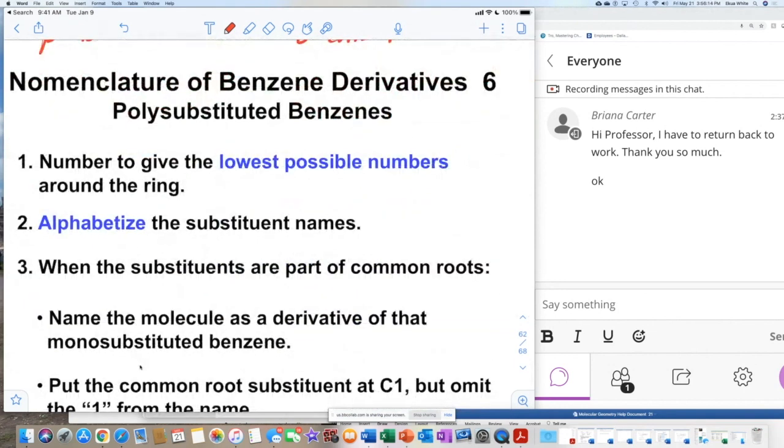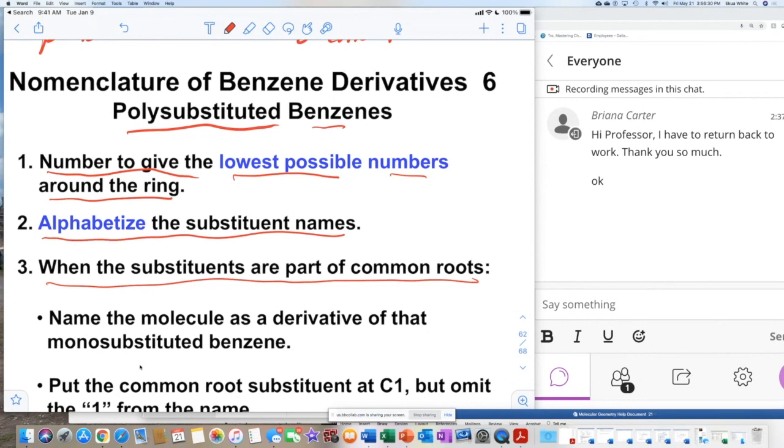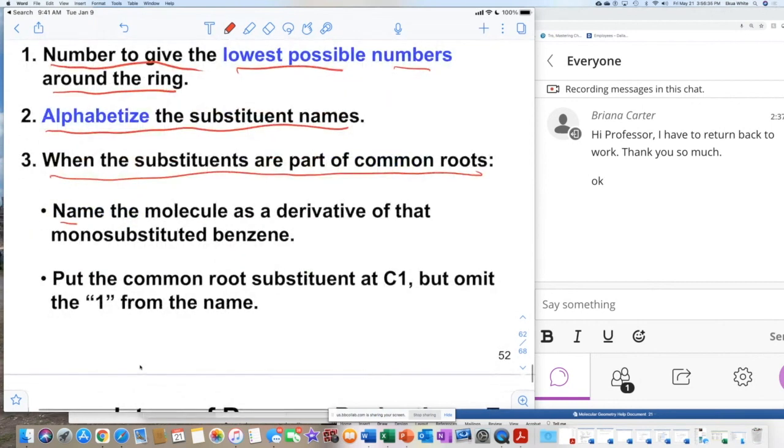Okay. So when we're naming many side groups on a benzene, polysubstituted benzene, number to give the lowest position numbers around the ring, alphabetize the substituent names. When the substituents are part of a common root, use that instead. Name the molecule as a derivative of that monosubstituted benzene, and then put the common root substituent as carbon 1.